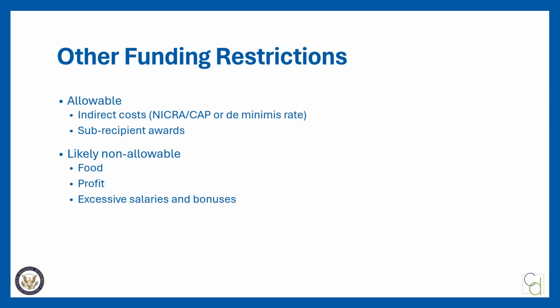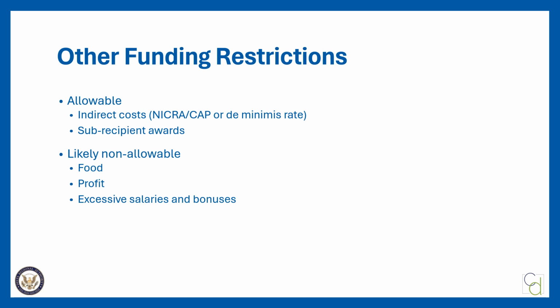While we're talking about funding restrictions and you're thinking about project design and budgeting, you should also be aware that you can include indirect costs like a negotiated indirect cost rate or a cost allocation plan, or if you do not have either of those, you can use the de minimis rate of 10% of modified total direct costs.